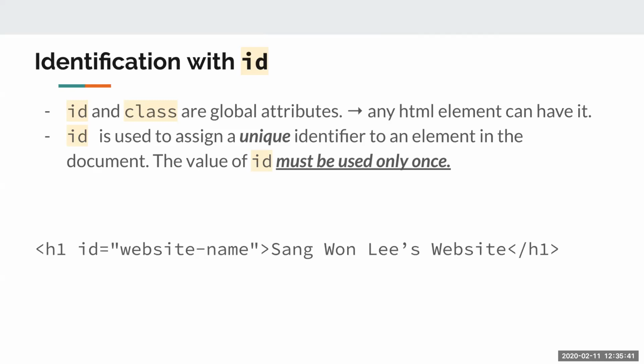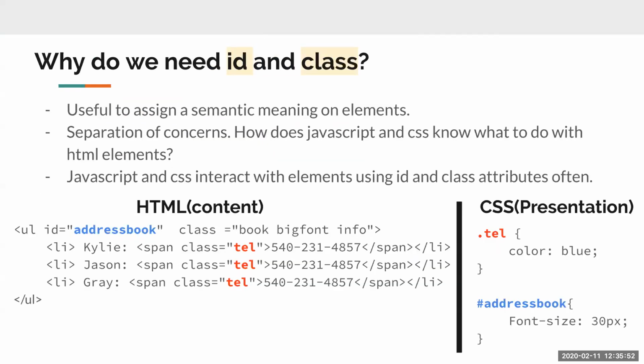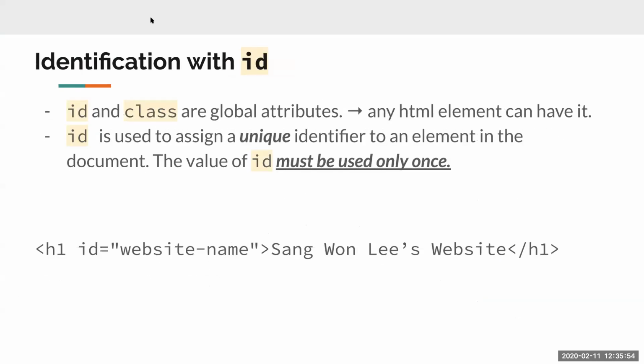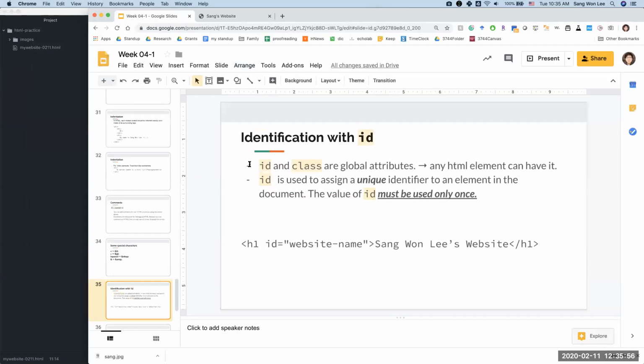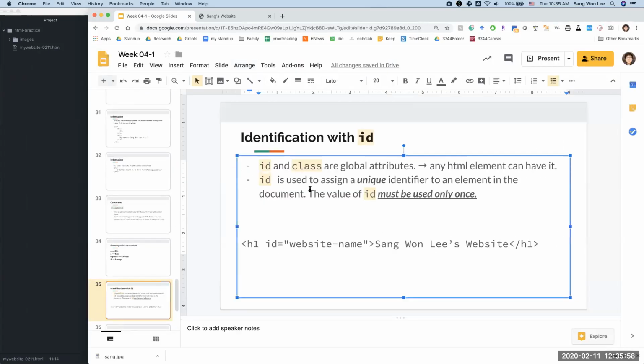Okay, I'm gonna stop here. I'm gonna resume from this particular part because this is relevant to CSS as well. Let me actually see what we have. Okay, almost there. One thing that you will probably want to know because of the quiz is this particular sentence. Basically, ID is used to assign a unique identifier to an element in the document.